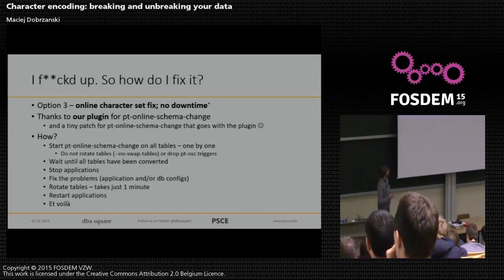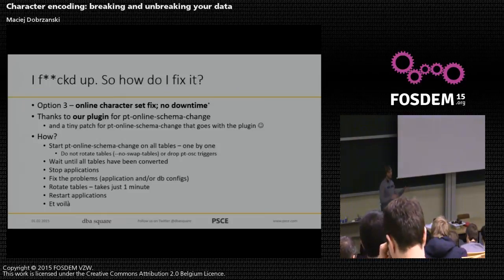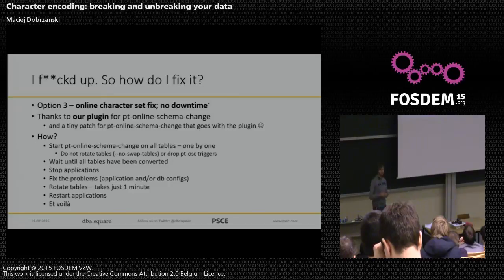The only requirement is that you don't rotate your tables as they are converted. So you end up with a database that is twice as large, with all the tables having both new and old versions. Then when everything is converted, you start your application, you fix your broken configs and everything, and then you rotate the tables. You basically replace the Latin 1 tables with UTF tables, for example. So the downtime could be less than a minute.